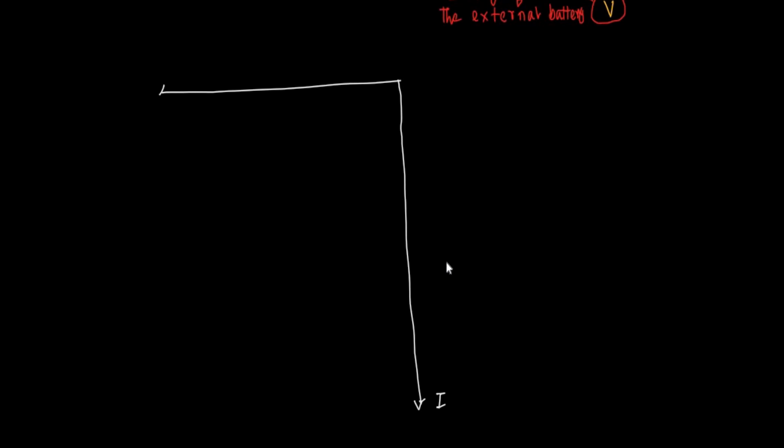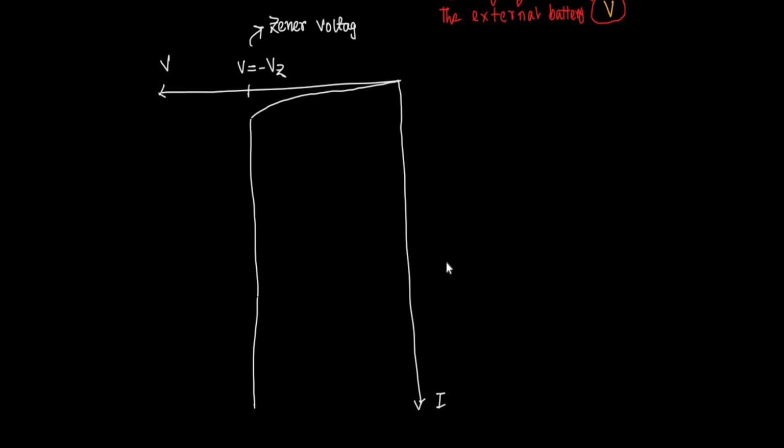Initially current increases very slowly following the exponential relation, then increases abruptly at the voltage minus Vz, called the Zener voltage or avalanche breakdown voltage.